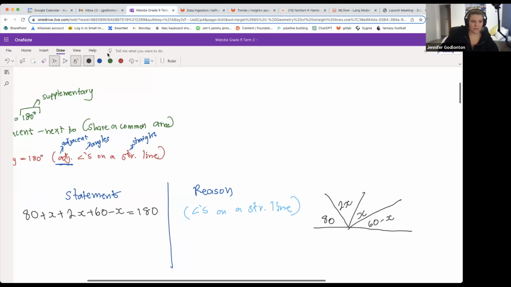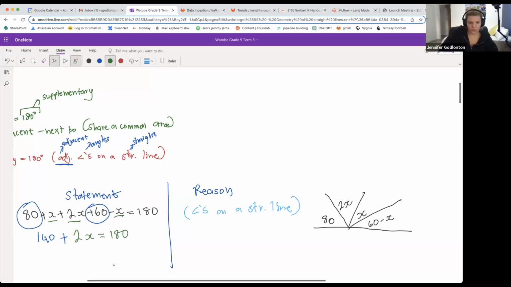Perfect, 100%. What would my next line look like? Then, ma'am, you're going to add 80 plus 60, which gives 140, and then count your x's. So we have the first 2, plus the imaginary 1, which gives us 3, minus the x, which gives us 2x, equals 180.